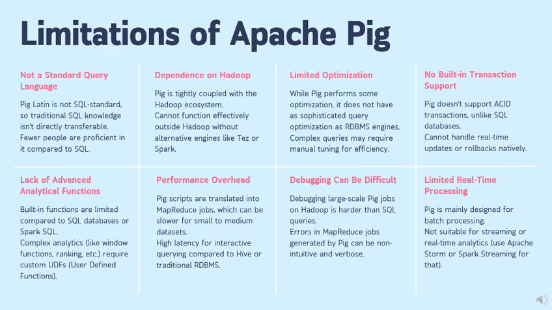No transaction support, therefore no real-time updates or rollbacks. It is deeply dependent on Hadoop, can't work standalone, and it is mainly for batch processing, not live streaming. So if you need real-time analytics, use Spark or Flink instead. But for heavy ETL and large-scale preprocessing, Pig is still a strong choice.